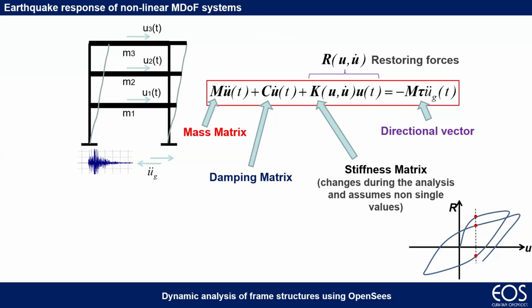So in that case, the stiffness is just a function of the history of displacement and history of velocity, can be, okay? Mainly history of displacement. The stiffness is updated every time. And we can call that restoring force, okay? K, the stiffness, times the displacement, is the elastic response of the structure.